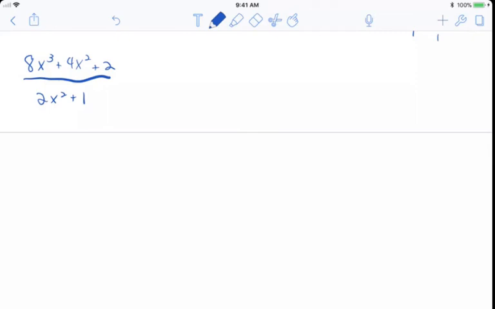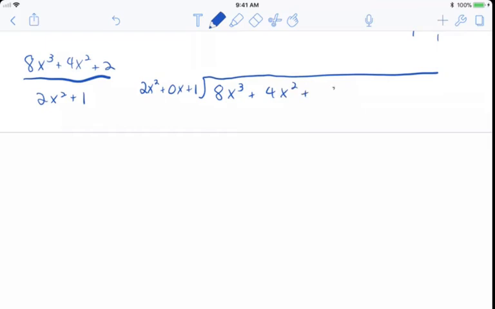So 2x squared plus 0x plus 1, and under here 8x cubed plus 4x squared plus 0 times x plus 2. And this splits it up into columns, which I can then sort my answer by.